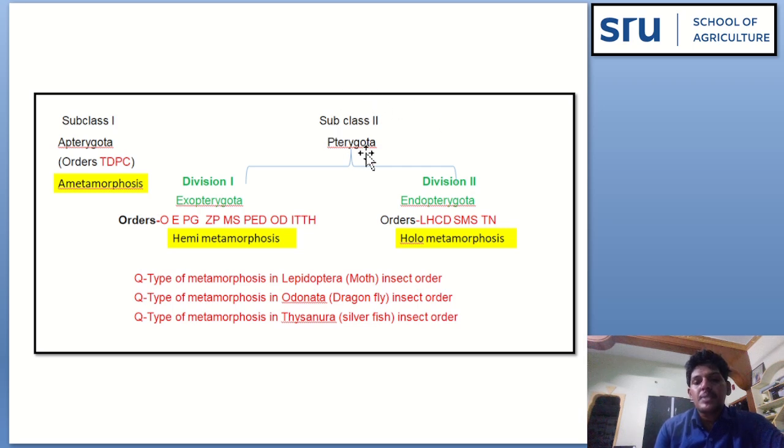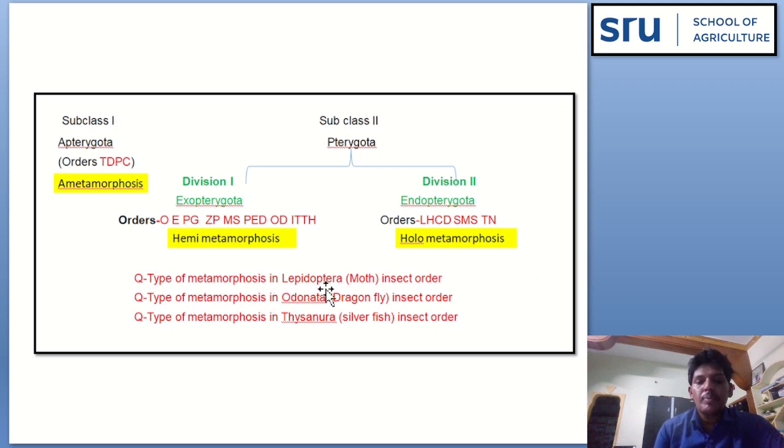But in the case of subclass 2, Pterygota, which is again divided into Exopterygota and Endopterygota, under Exopterygota there are 16 orders. Among all the 16 orders, hemimetamorphosis takes place. In Endopterygota, there are 9 orders in total. In these 9 orders, holometamorphosis takes place.